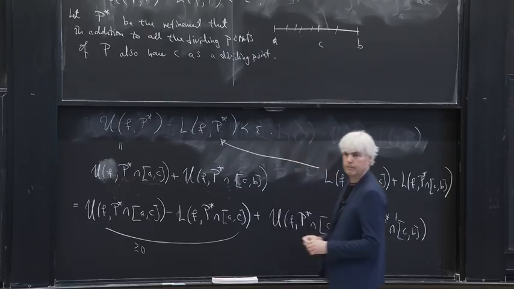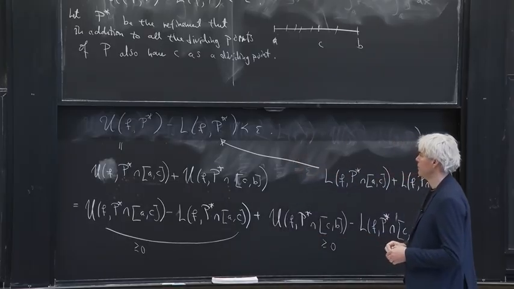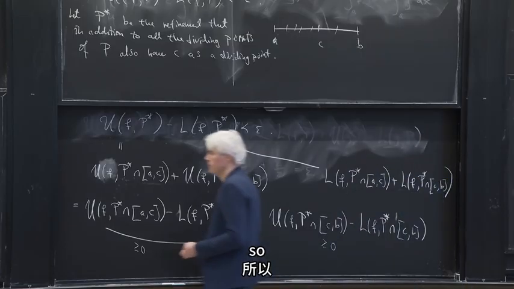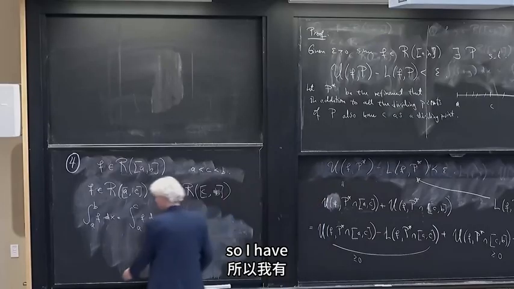Are you able to explain again what you did to break up P star into the intersection of A to C? Okay.